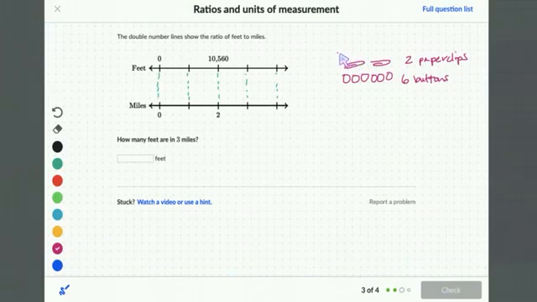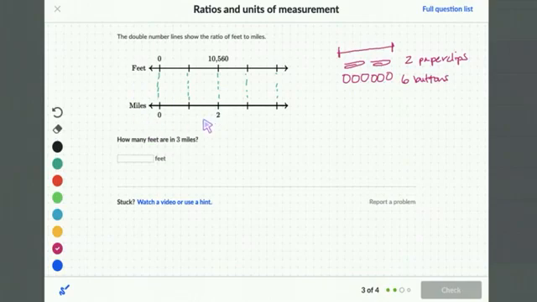Same length, still measuring the same length, but they're using different units. So they're going to have different numbers, right? Because they're different sizes. My buttons, 3 of them equal 1 paper clip. So I'm going to have three times as many buttons as paper clips. Same thing with the feet and the miles, okay?